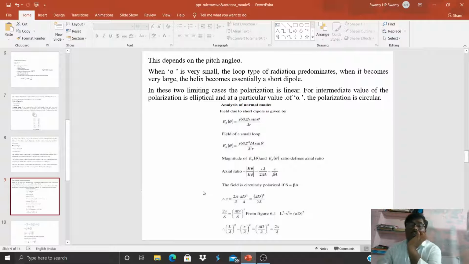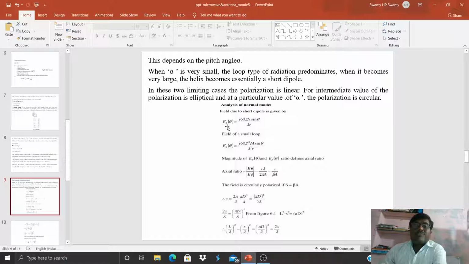Field due to a short dipole in normal mode is given by E theta = j60 pi I d sin theta divided by lambda r, because your helix antenna radiation pattern is a combination of a short dipole antenna and a small loop.